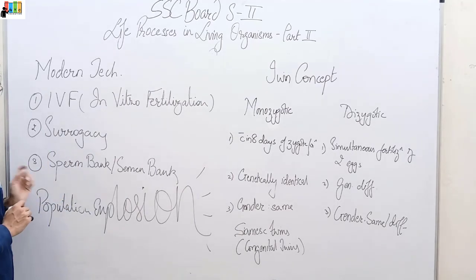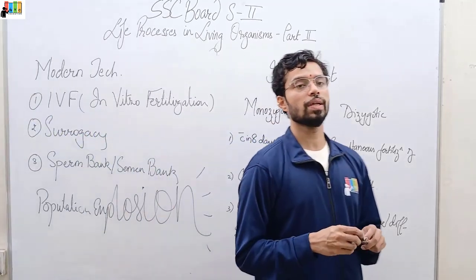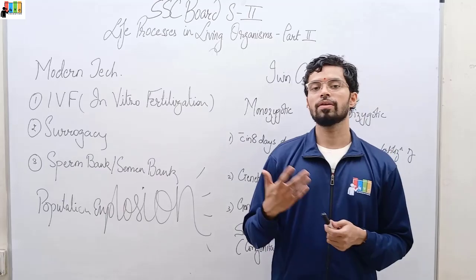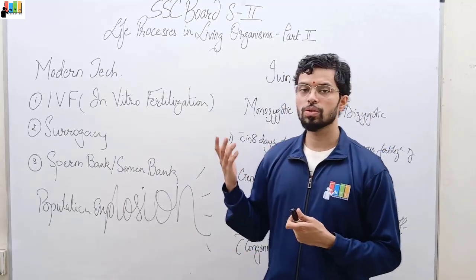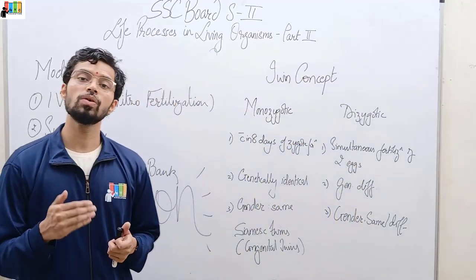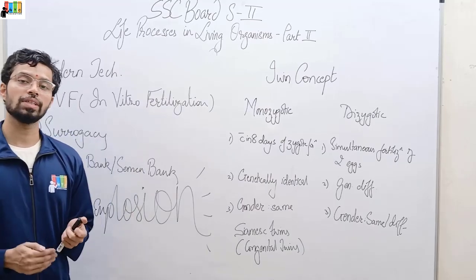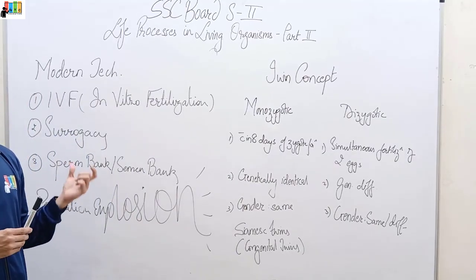Then you have something known as the sperm or semen banks. Usually desirous males, or those who know they have healthy genes, can donate their semen, just like you donate blood. Then this can be utilized by people who want it and want to conceive a child. Due to obvious legal reasons, the name is kept secret.